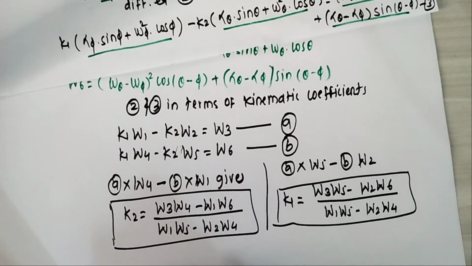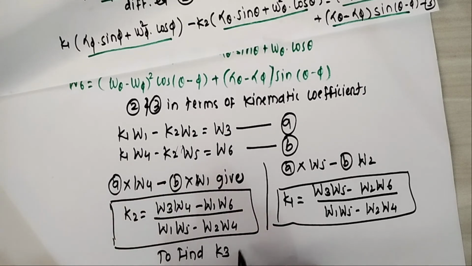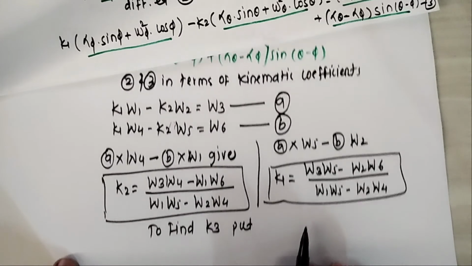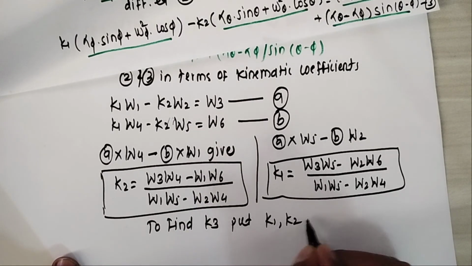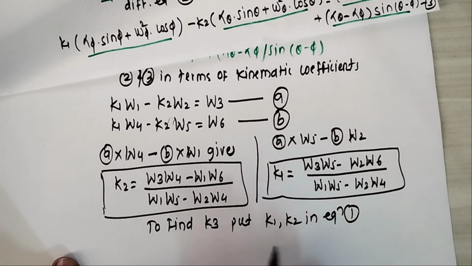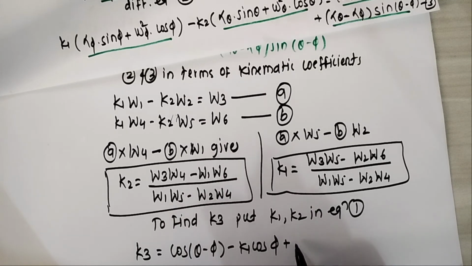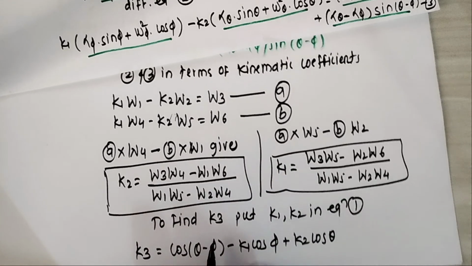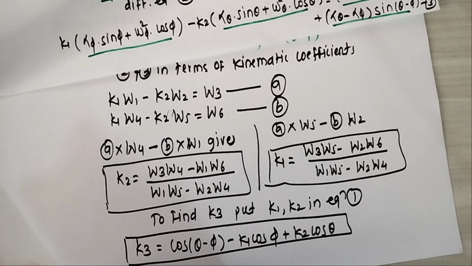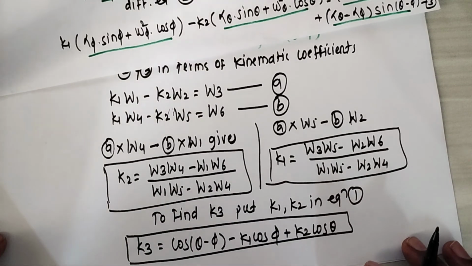So k3 is equal to cos of (theta minus phi) minus k1 cos phi plus k2 cos theta. It gives you k3.